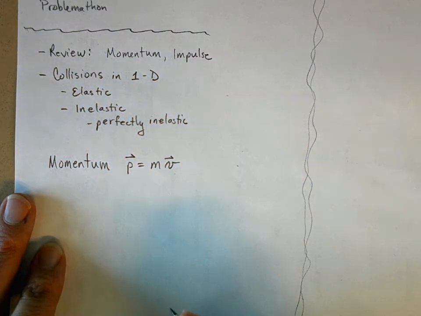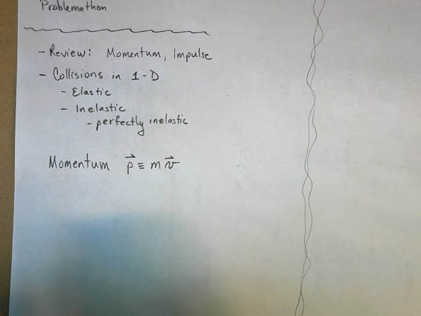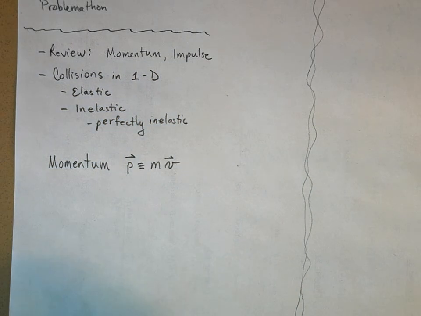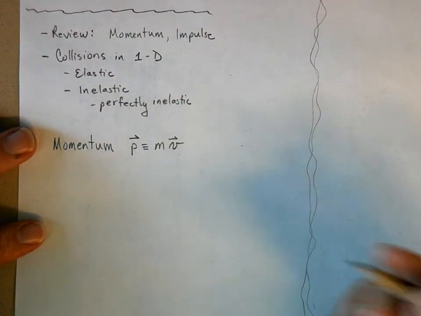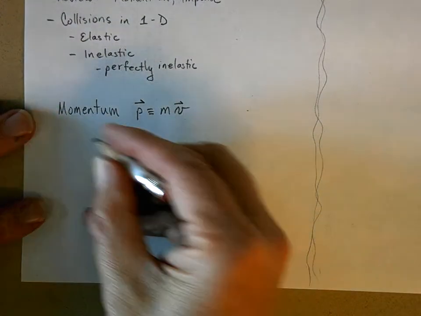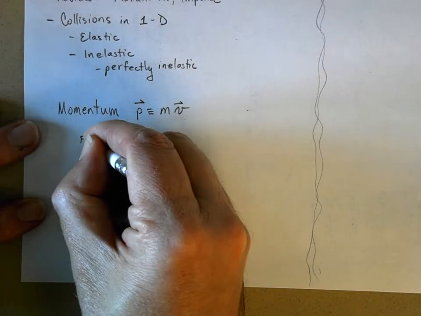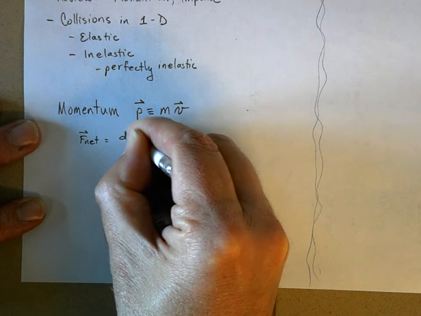So that's our definition. This really defines momentum. And then good old Sir Isaac Newton said, hey, take the derivative of this, and you get what he called his second law. In other words, a net force is really the derivative of momentum.